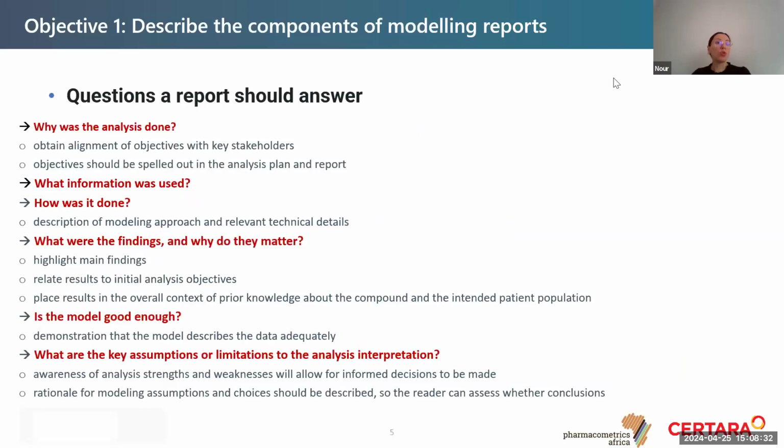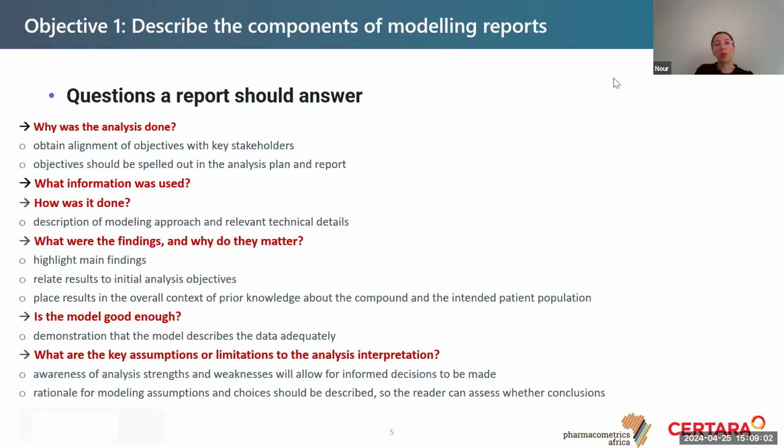So the second point was that the presentation summarizes the questions a report should answer. Here we have the six most important questions. First of all, why was the analysis done? We know it's to obtain alignment of objectives with key stakeholders. Objectives should be spelled out in the analysis plan and report, certainly. The second question is what information was used.